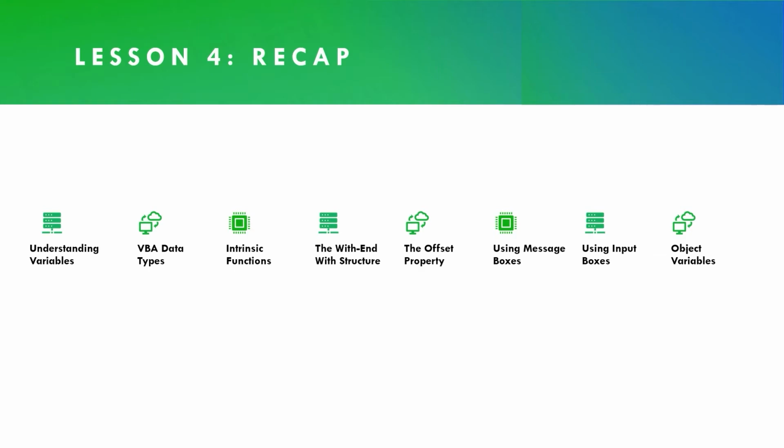We moved on to using the MsgBox function to give the end user more control over whether a procedure runs or not. You learned about Visual Basic constants, which are used to control which buttons display in the message box, as well as which icon displays in the message box.